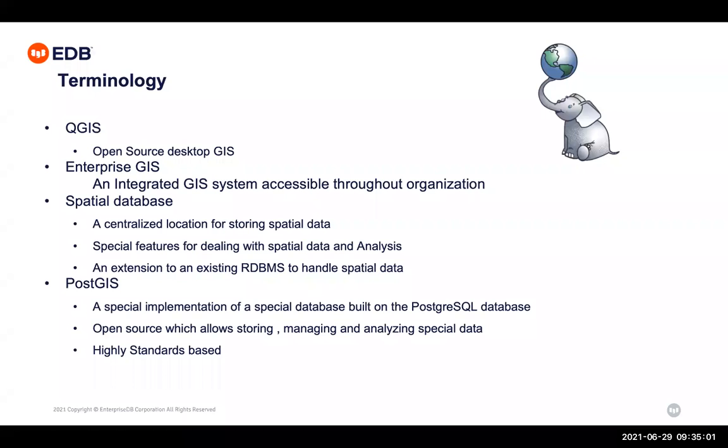Here, some of the terminologies I'll explain first. We have QGIS. QGIS is an open source desktop GIS, or client-based GIS application. First of all, we will install QGIS, and by using QGIS, we will load the data into PostGIS.